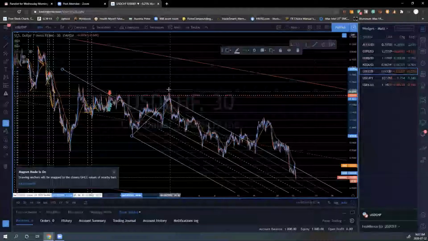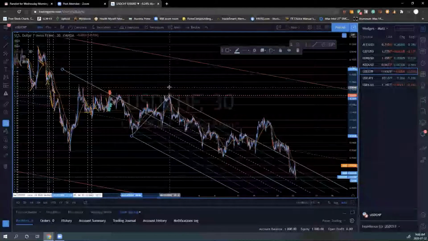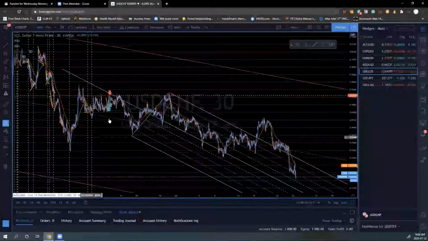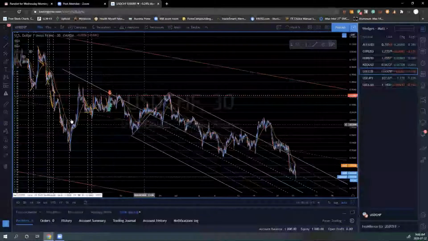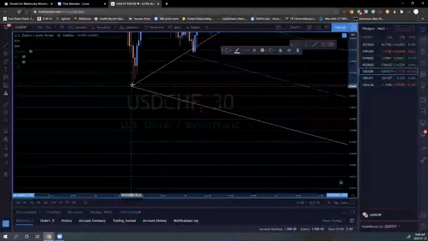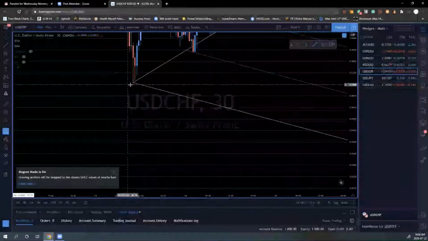So this is the pitchfork tool. It's available on MetaTrader 4 as well. Now, what you want to look for when you're drawing pitchforks is you kind of want to have it right on the wick, and sometimes, see, that's still not okay for me.